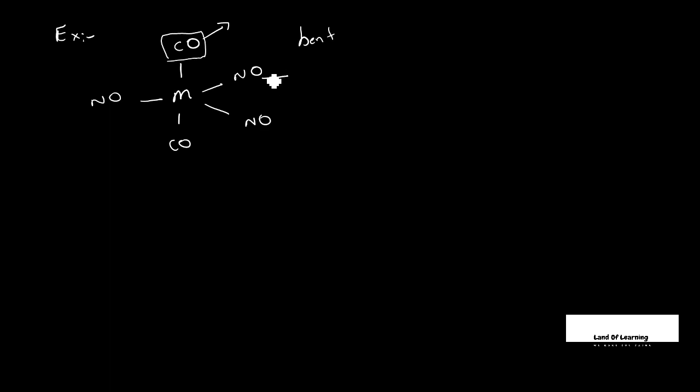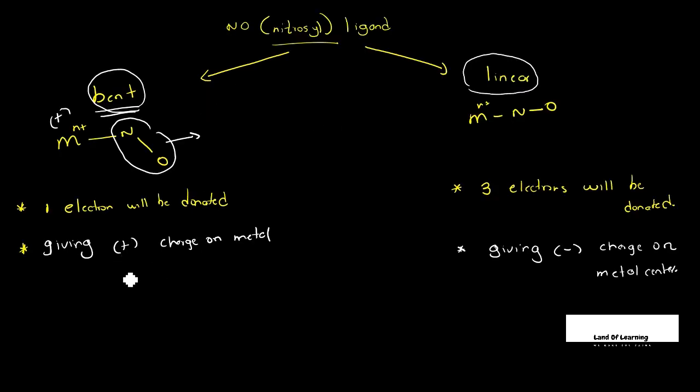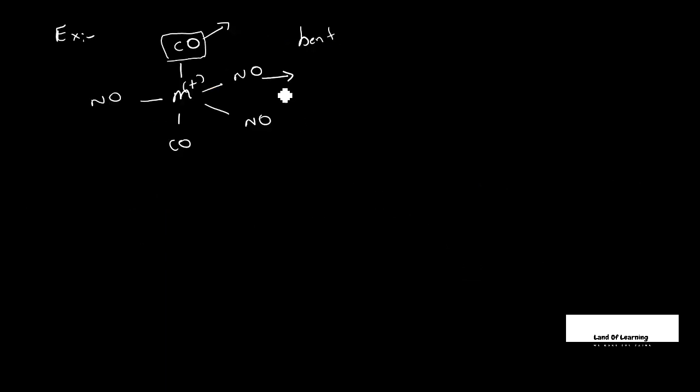When this bent nitrosyl is leaving, it will put a positive charge on your metal center. There are 3 nitrosyls being removed, each giving a positive charge to our metal center, so the total will be positive 3. So the oxidation state will be positive 3.